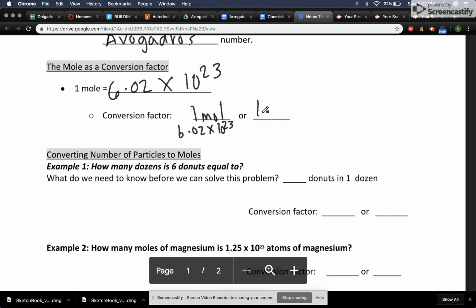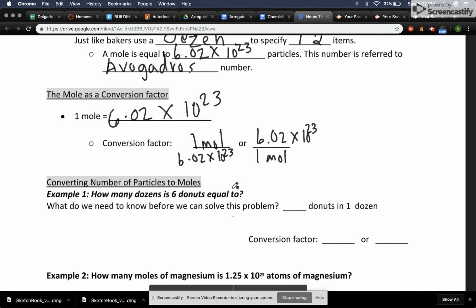Or we could write it upside down, okay? Because remember, when we're doing these problems, we could be using either of these conversion factors, okay? In the example problems that we'll be doing today, they will be utilizing either of these two conversion factors, okay? So just heads up.